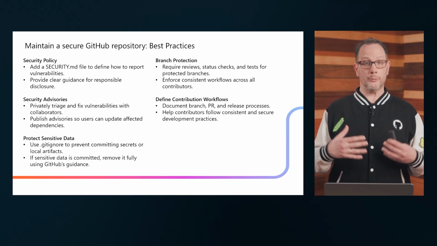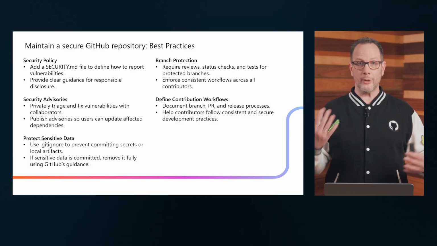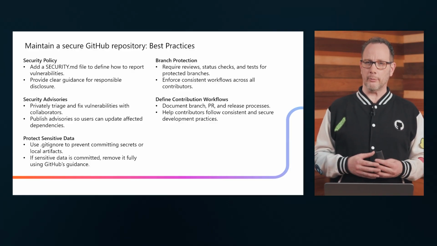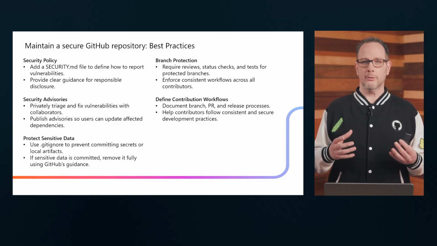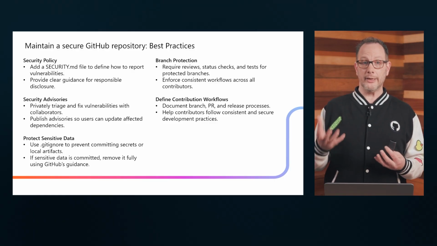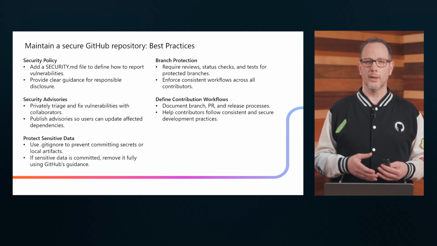Using features like private security advisories allows maintainers to collaborate on fixes behind the scenes before anything becomes public. These might seem like simple steps, but they dramatically reduce the risk of accidental leakage or mishandling of sensitive information.